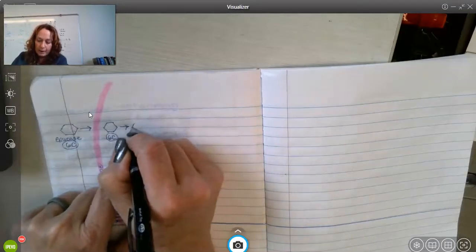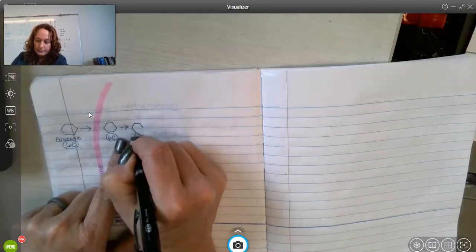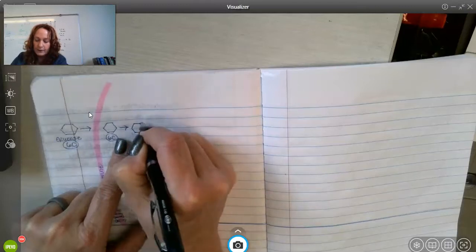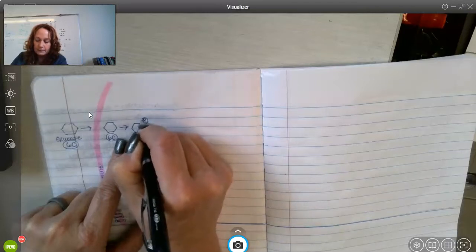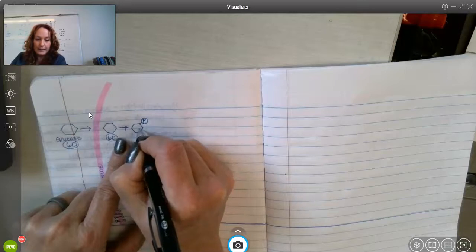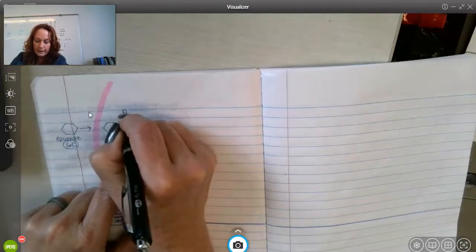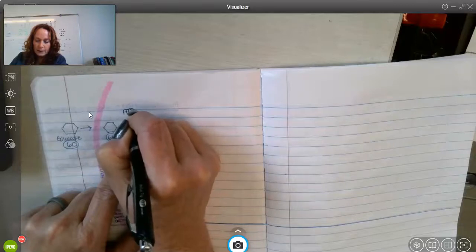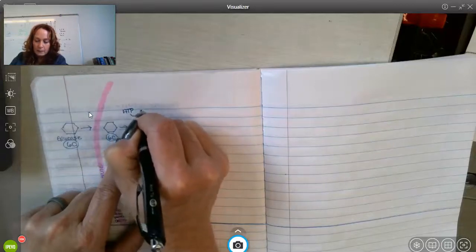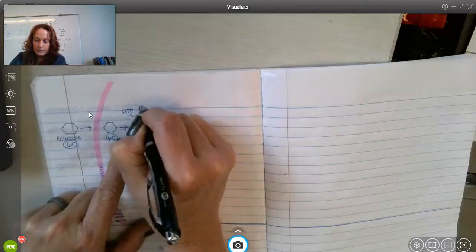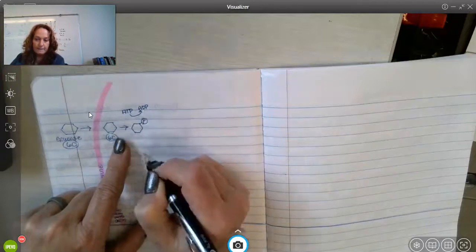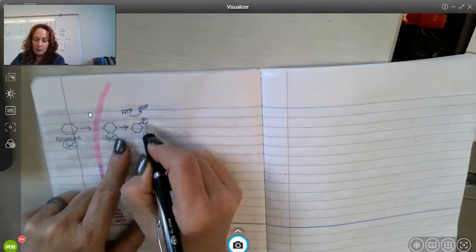So I'm going to draw that I now have this phosphorylated. So a phosphate group was added, and I have to show what did that. So that was at the cost of ATP, forming ADP. So it gave its phosphate group here.